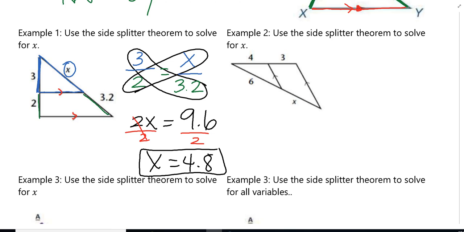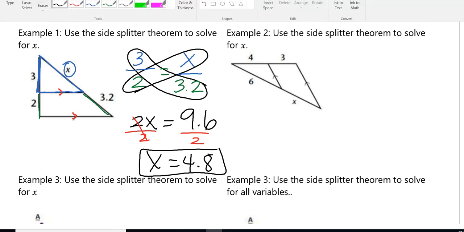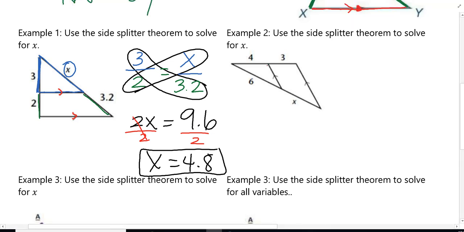Looking at example number 2, sometimes our picture is flipped, but again, we do see that these are our parallel lines. So you have to be careful of the way that you set up your proportions. Remember, top half of our triangle would be 6. That's going to be equivalent to the other side of that small triangle, which is 4.